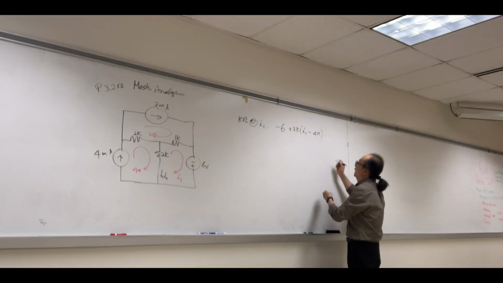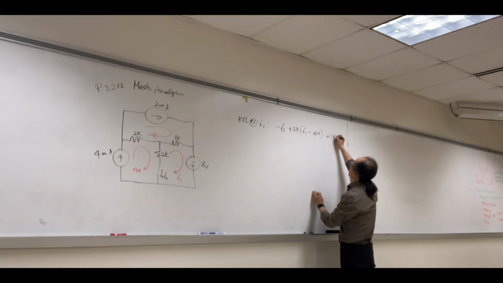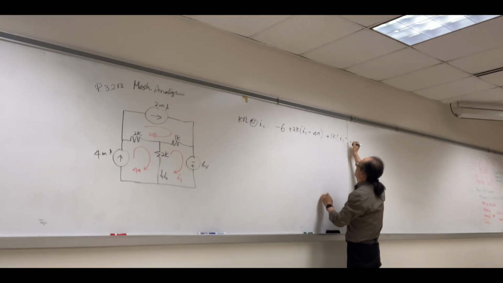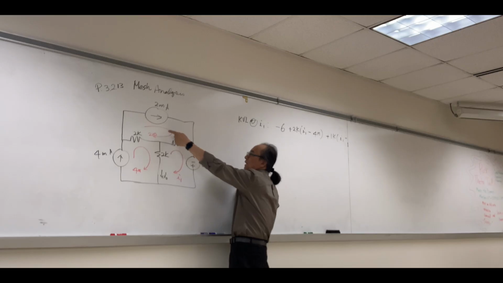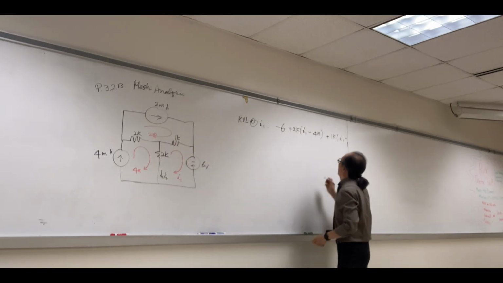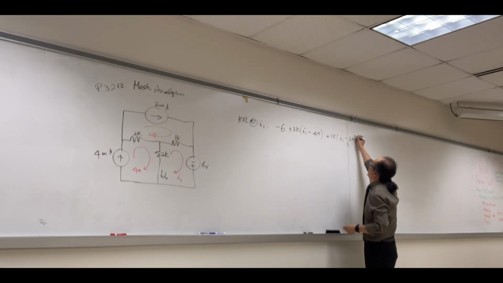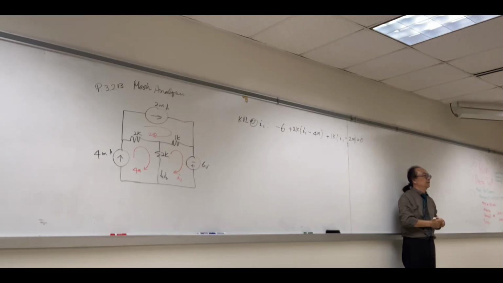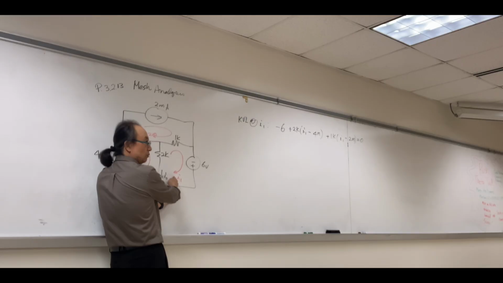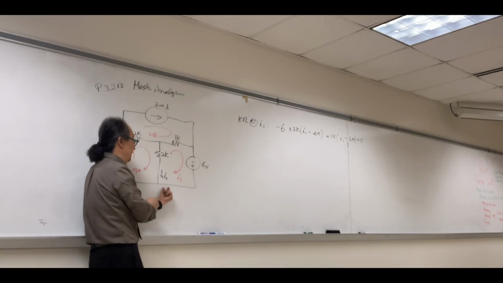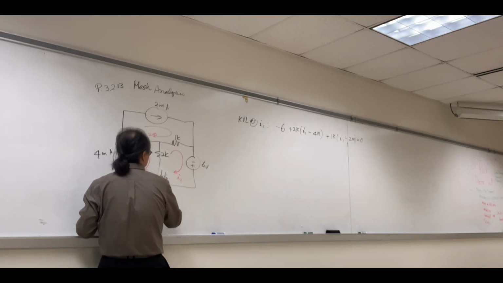And then 1K at the top, plus 1K times I sub 1 minus... I sub 1 is going to the right, but 2 milli at the top is going to the left. So they are opposite, so we need to subtract 2 milli, equals 0. I naught is something we're going to find later once we know I sub 1. We can do KCL at this node, then we can find that out.